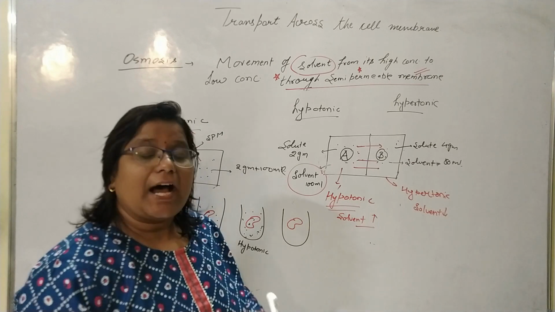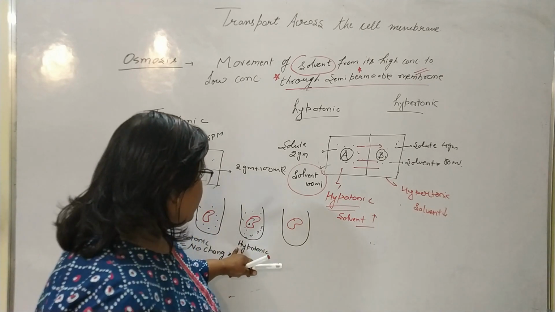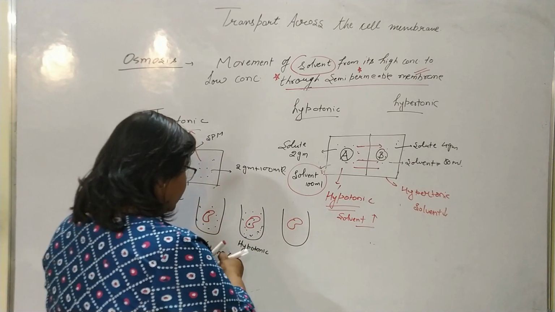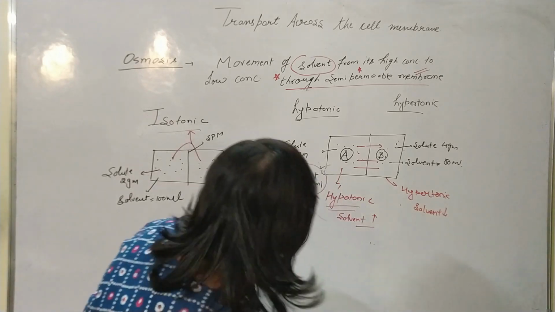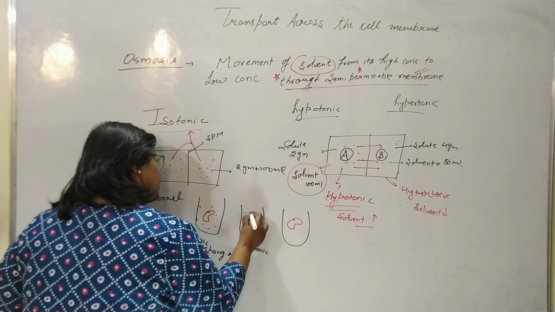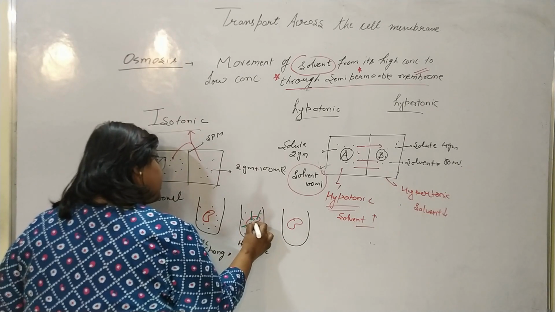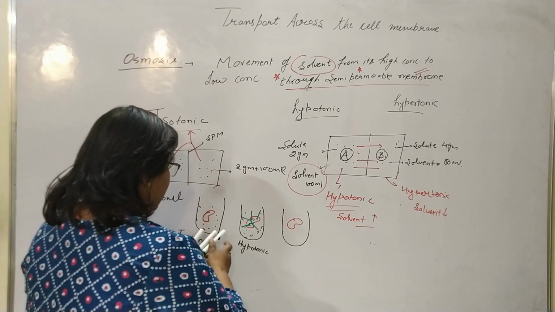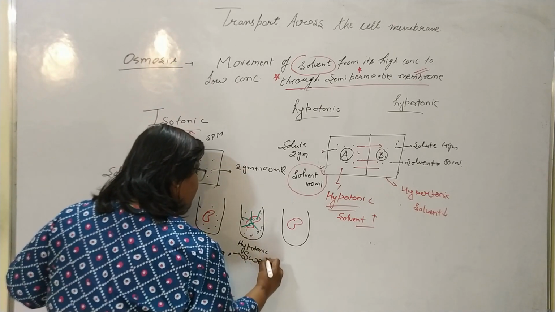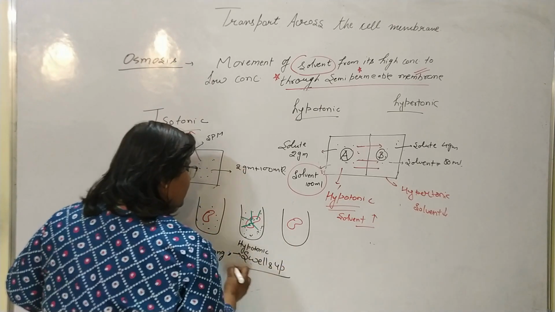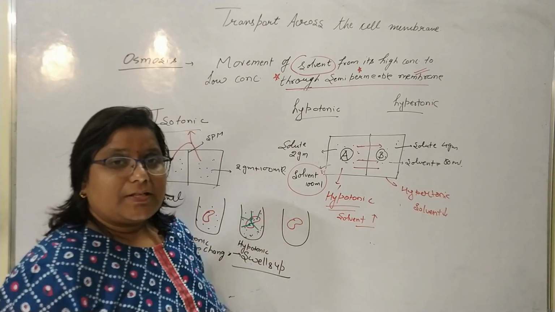So this solution is hypotonic. The water molecules move from high concentration to low concentration, and the RBCs will swell up.